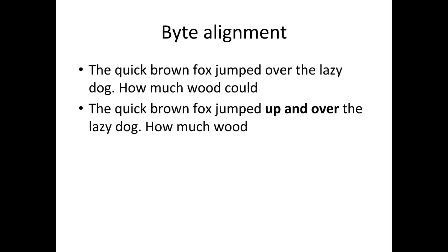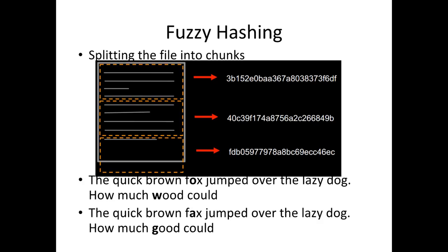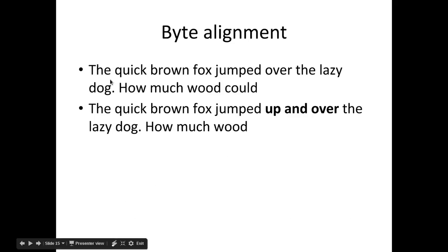Now, there's also a little bit about byte alignment. So how do we deal with "the quick brown fox jumped over the lazy dog, how much would could" if a part of the file has been increased? Instead of matching byte by byte, as we would do here, "the quick brown fox", etc., on the second example, we can match "the quick brown fox" byte by byte, but then after that, "over" is matched to the U here, instead of being matched to "over" here.